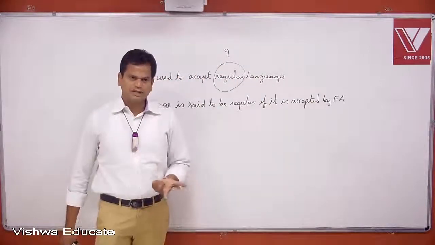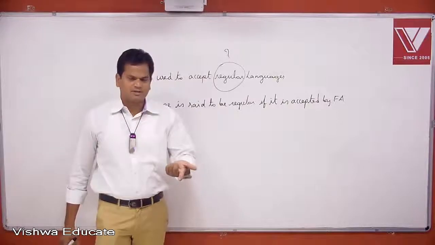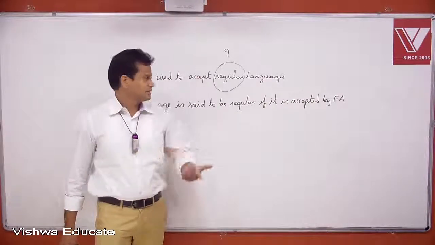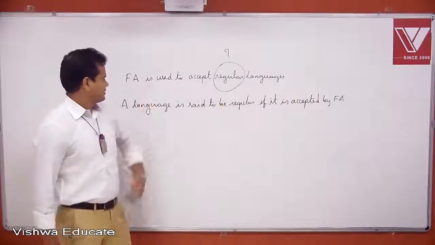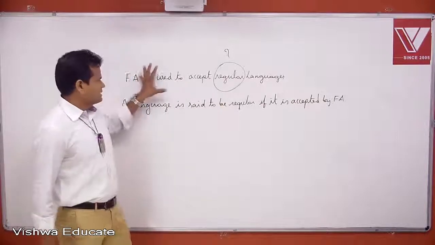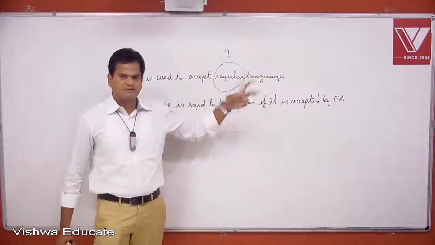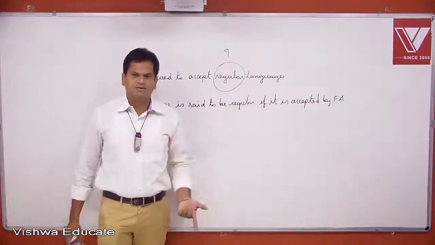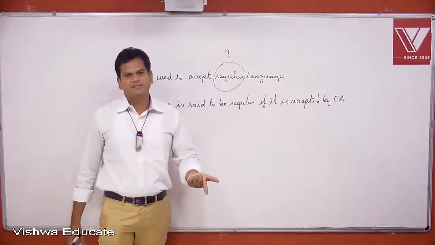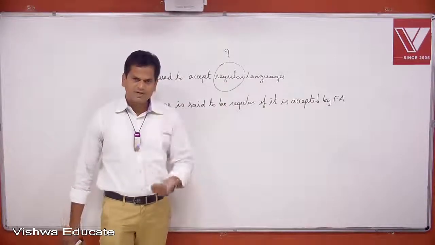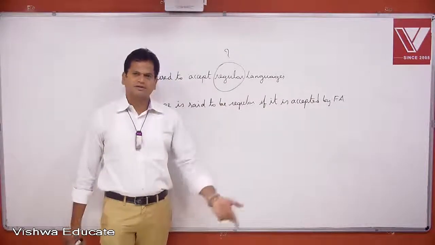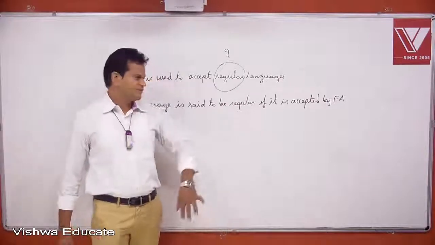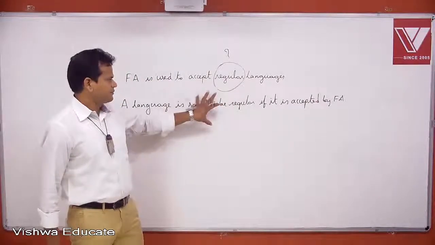Finite automata is used to accept regular languages. That means whatever language is accepted by finite automata will be called regular, because finite automata accepts only regular. So every language accepted by finite automata will be regular.